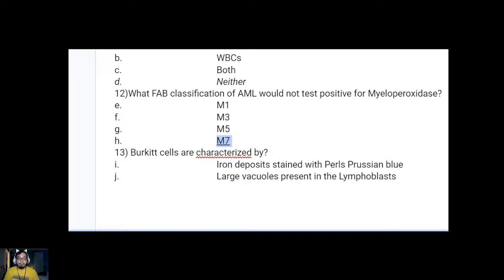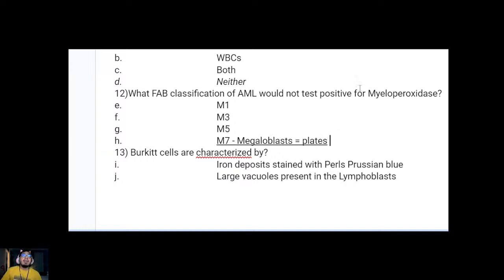M7 in leukemia is known as acute megakaryoblastic leukemia. Okay? So, megakaryoblasts ang affected. Megakaryoblasts, and their end products are platelets.